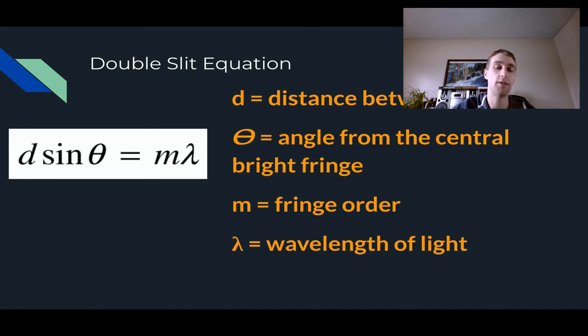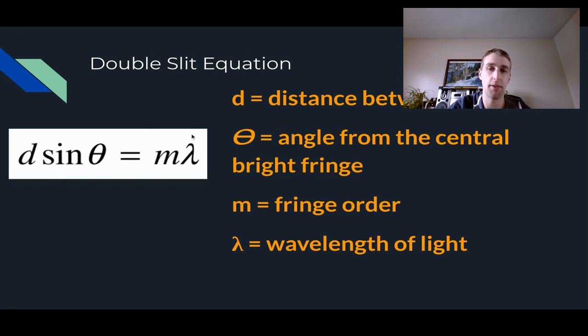So then what do we do with that? We have this equation, which is on your AP equation sheet, and it's the equation you use anytime you have a double slit diffraction problem. d is the distance between the slits, sometimes called the slit spacing, measured in meters.